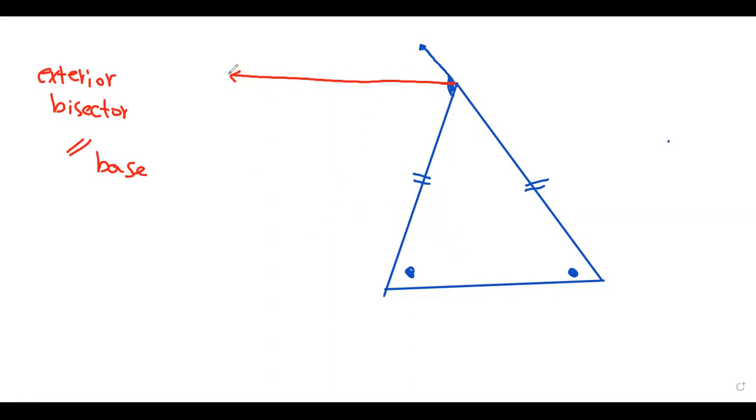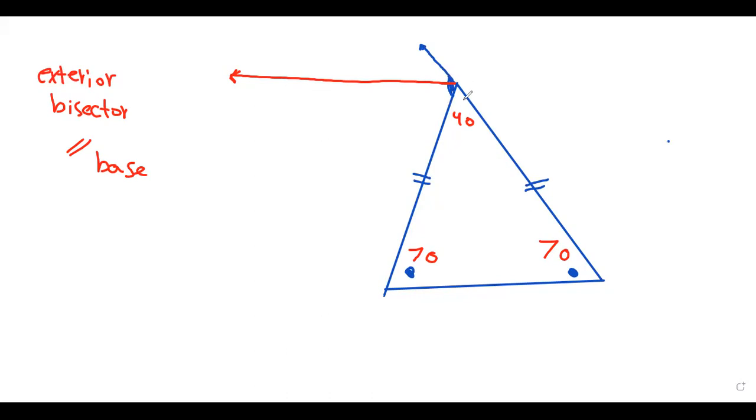How can we deduce that? Let's suppose I'm assuming this angle is 70, for example, and this angle is 70. Then the size of this angle will be 40, because the sum of all angles in a triangle is 180.